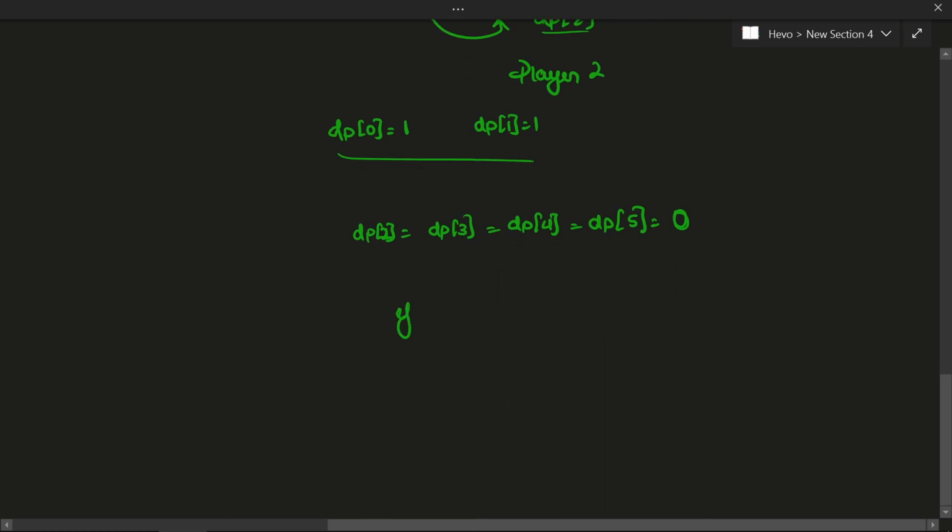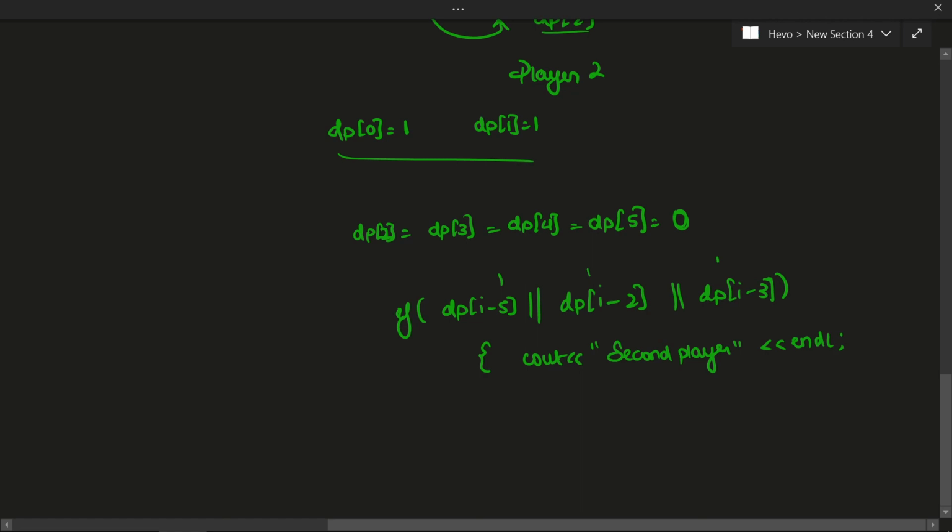Now, if DP i minus 5, DP i minus 2, or DP i minus 3, these are the only three possible states. So if any of these are true, that means who will win the game? Obviously, the second player. Why? Just go back.